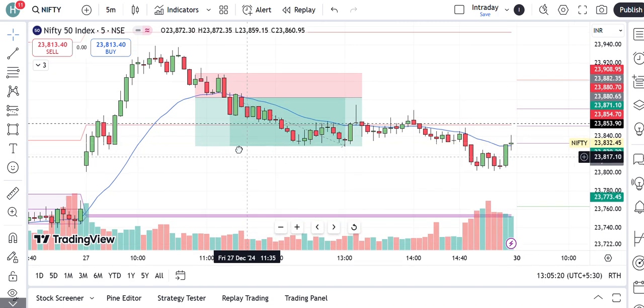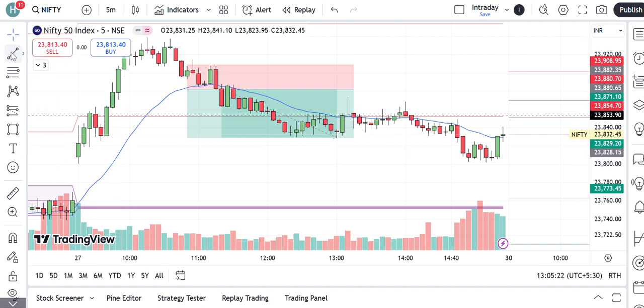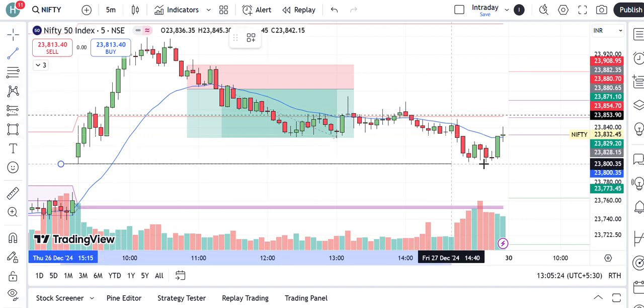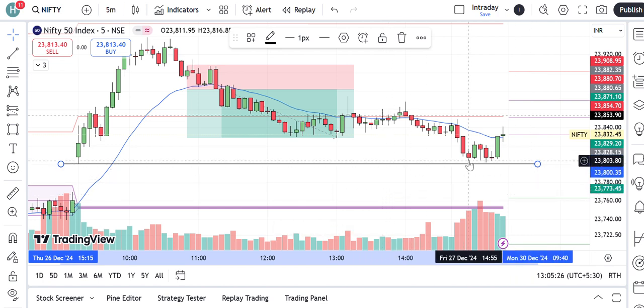Now there is no trade unless the market comes to this point and tries to behave in some way. The market came to this point, but this is a green candle which can be treated as a green candle reversal pattern, meaning you can go long here, keep your stop loss, and twice the stop loss is your target, but this is low probability.